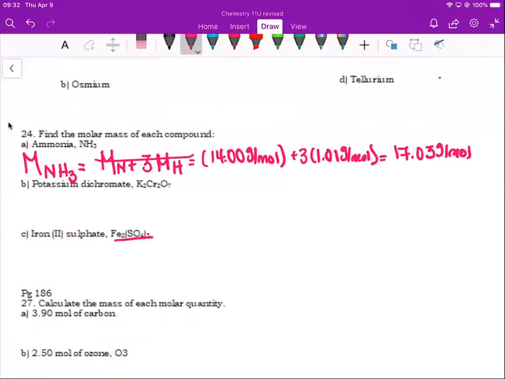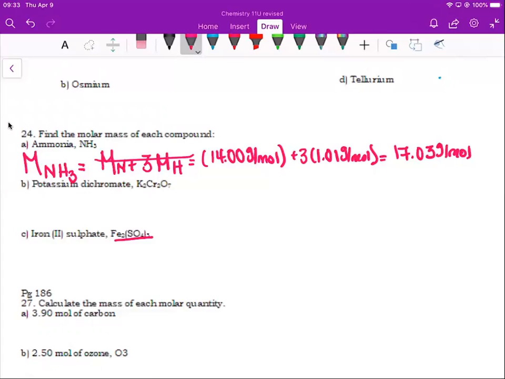The molar mass of ammonia is 17.03 grams per mole, which means if I had this in a lab and I put 17.03 grams on an electronic balance, I know that I have 6.02 times 10 to the 23 molecules of ammonia. Why is it molecules of ammonia?